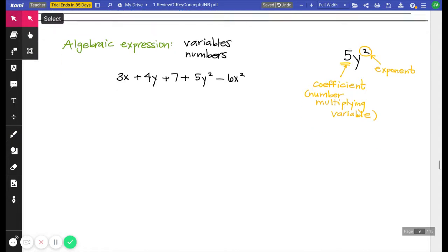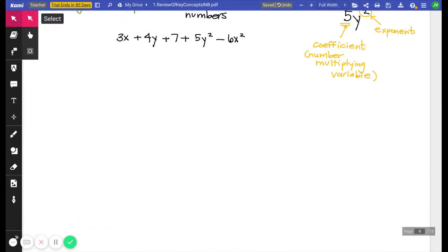This idea of like terms. A term is each individual part of our expression.